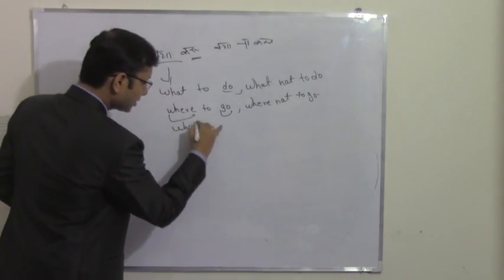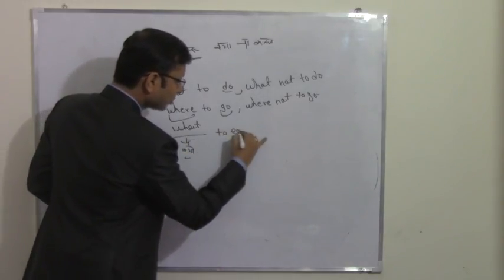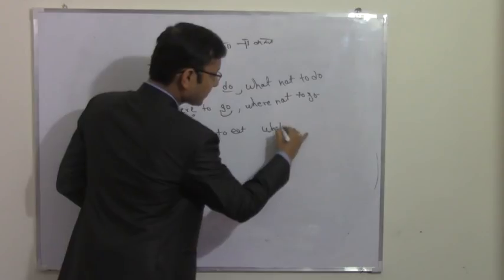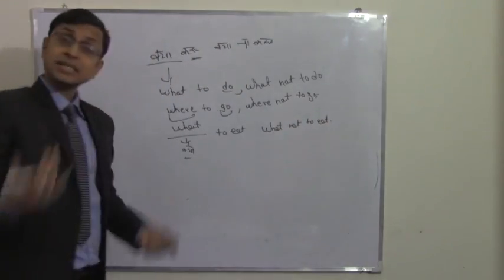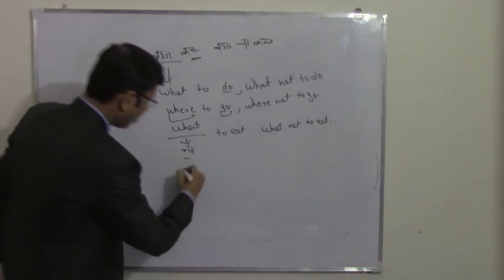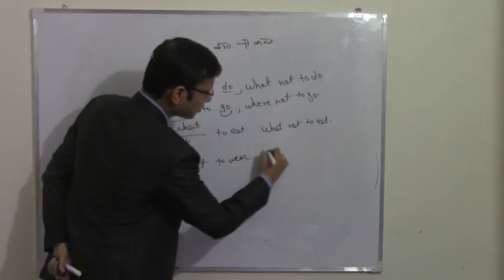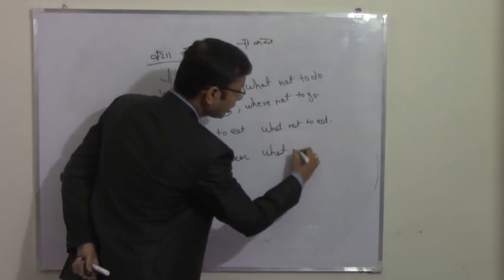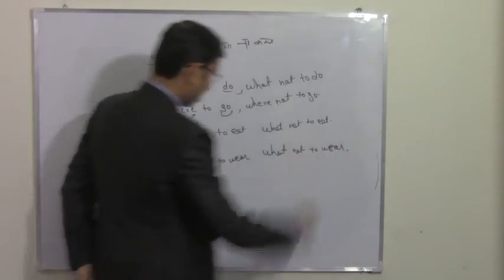"Kya khaun, kya na khaun": what, which is kya, as we know it very well. So: what to eat and what not to eat. "Kya pahanun, kya na pahanun": what to wear and what not to wear. All right.